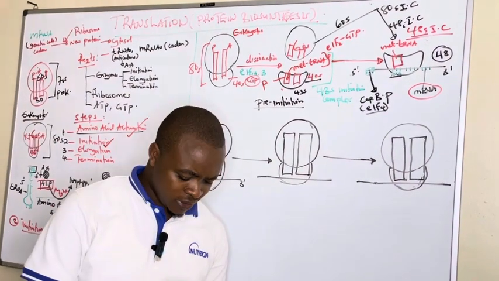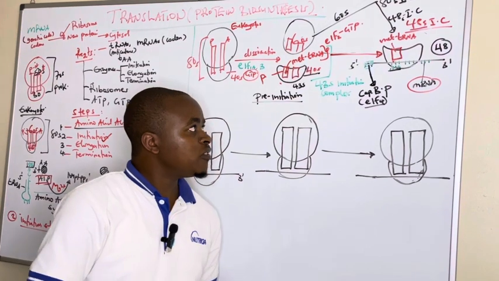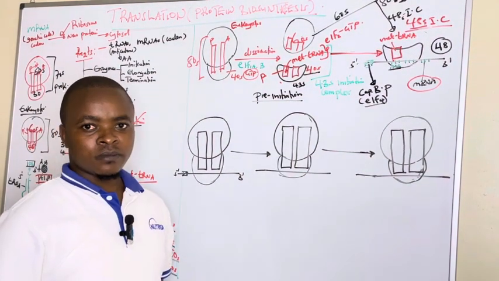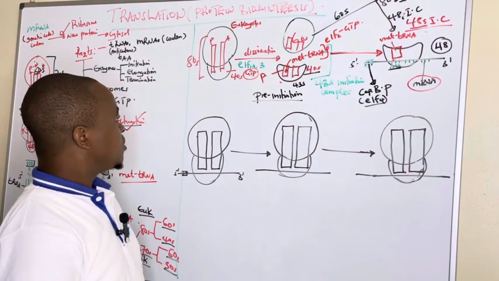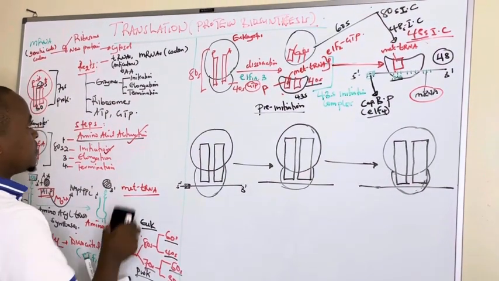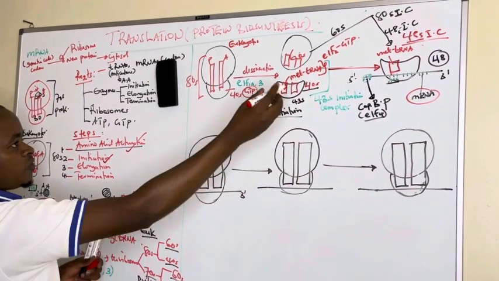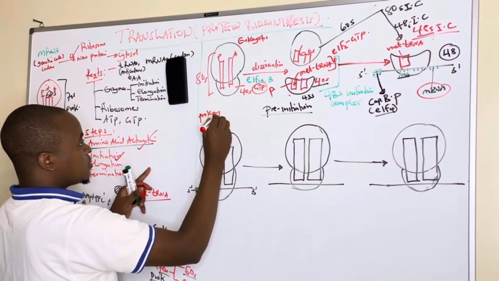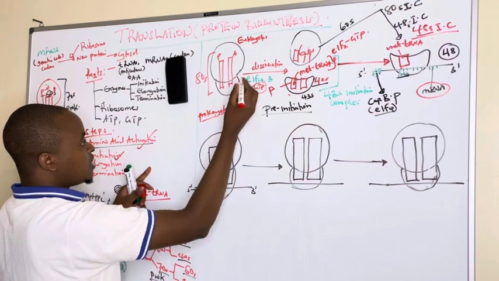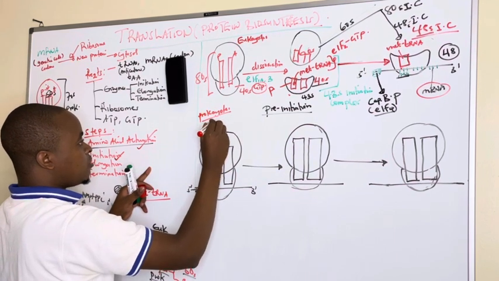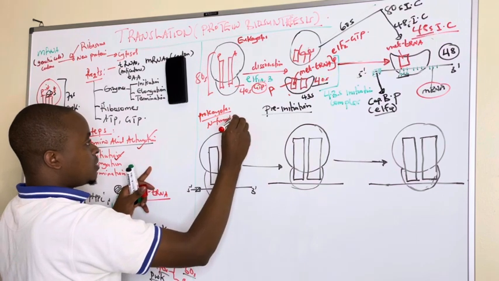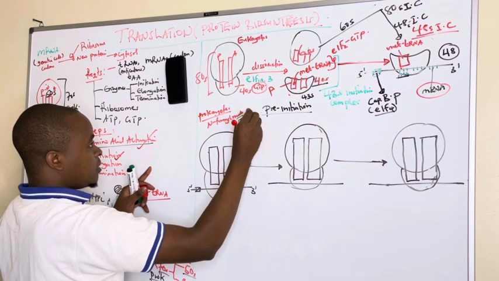In the prokaryotes, we are going to see that it doesn't have the 5' end cap. And the methionine which is added in eukaryotes, in prokaryotes, instead, the one which is added on the transfer RNA is N-formylmethionine transfer RNA.